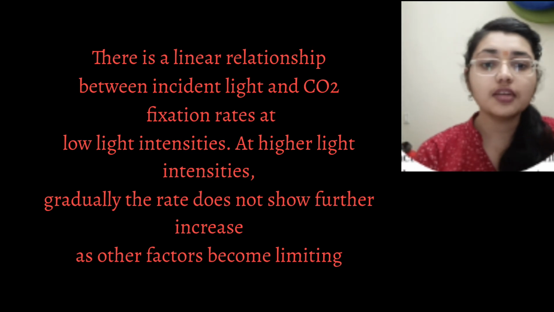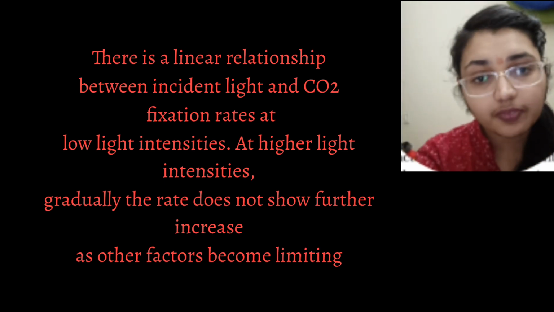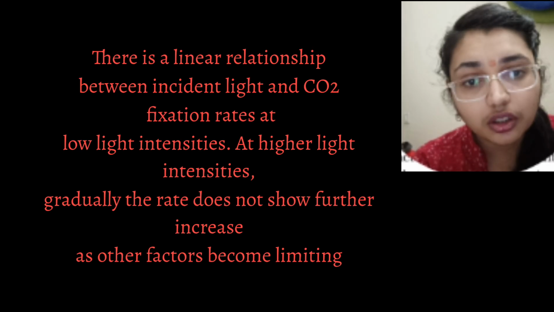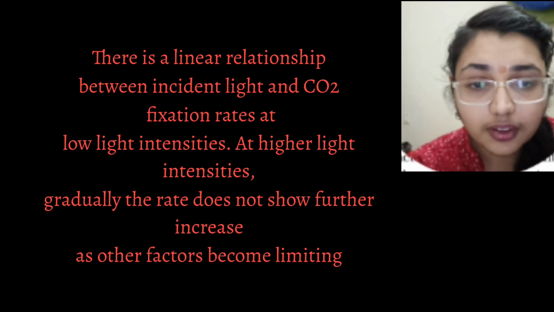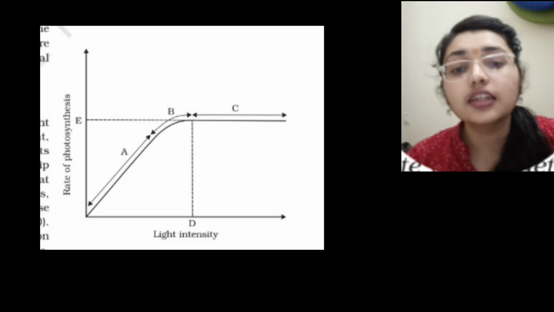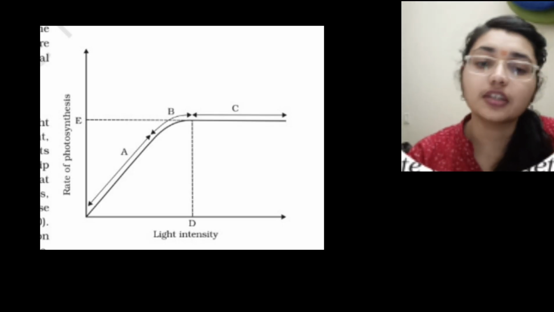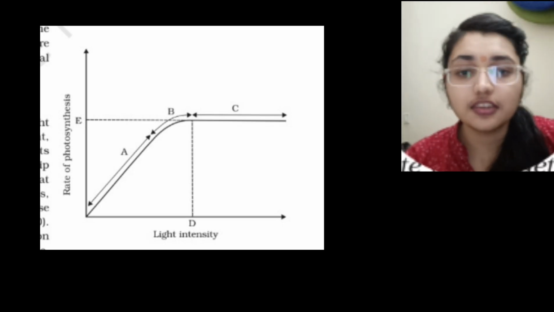Here we can see light intensity and rate of photosynthesis on the y-axis. It shows a linear relationship between the incident light and CO2 fixation rate at lower light intensity. At high light intensity, gradually the rate does not increase fully, as other factors become limiting, as we can see in the figure.